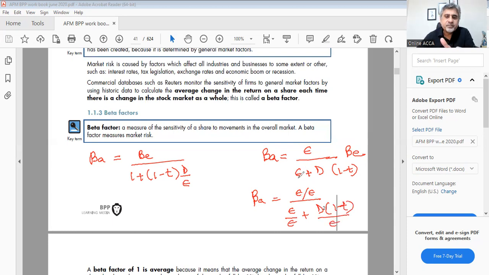Remember mathematics? There are 3 terms in this formula, and I'm dividing all 3 with equity. So what will happen? This will cancel out, this will cancel out. When you rewrite it, it becomes 1 over 1 plus (1 minus T) into D over E. The same formula which I wrote here. So it's the same formula.